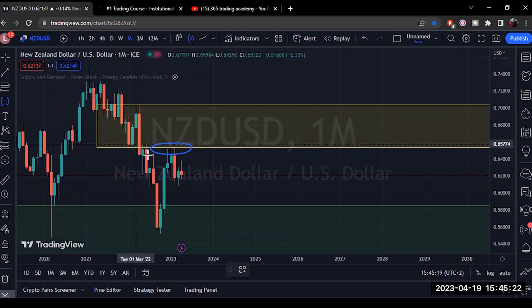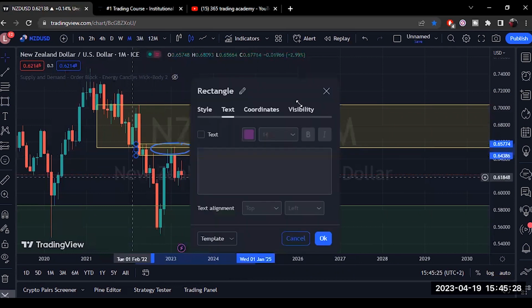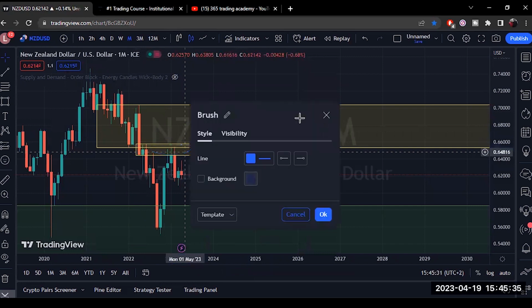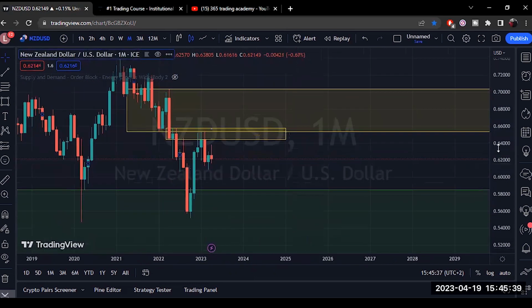So markets started to sell off very, very hard, right? So this is how I would draw that, although the area of competition is right there. And you can see markets came back into a supply within a supply within a supply. So we've got this trend from last year that is still dominating. This is the selling of NZDUSD that I was talking about that has still continued.